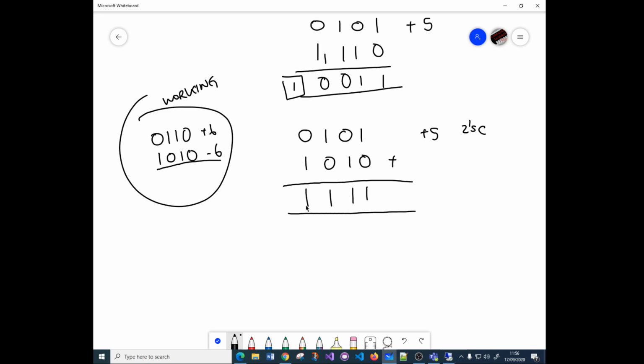And we know, because that is the number we can read in 2's complement, all the ones is -1. So it worked. 5 plus -6. It just works. If you've got 5 -6, you might need to rework it, just do a bit of algebraic changing and say, oh yeah, that's 5 plus -6.